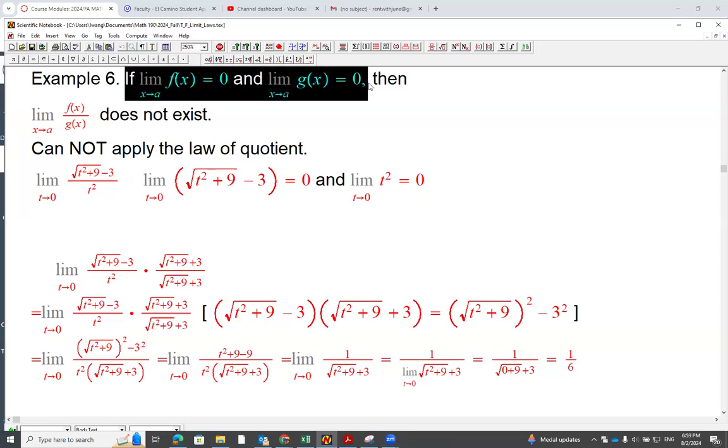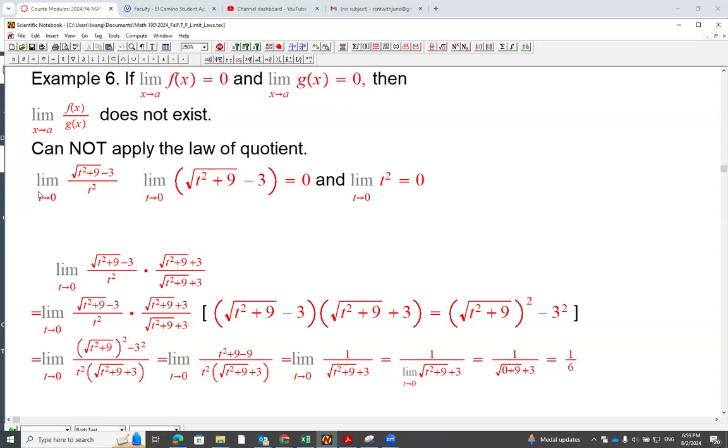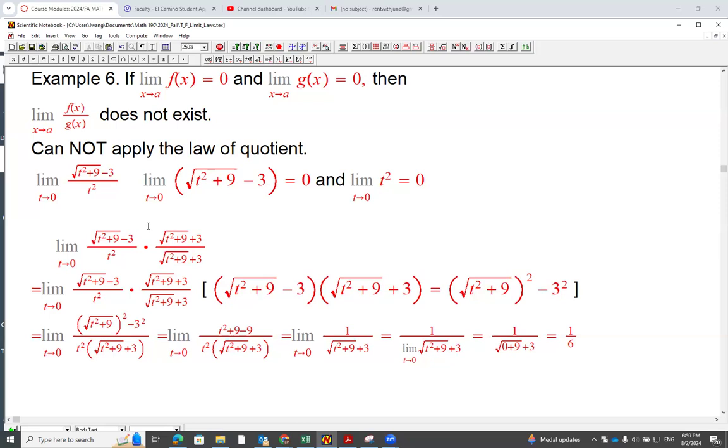So it fits this condition, but does the quotient have a limit or not? It certainly does. It has a limit in this case. So this statement is wrong because sometimes it is true. So it is not always does not exist.